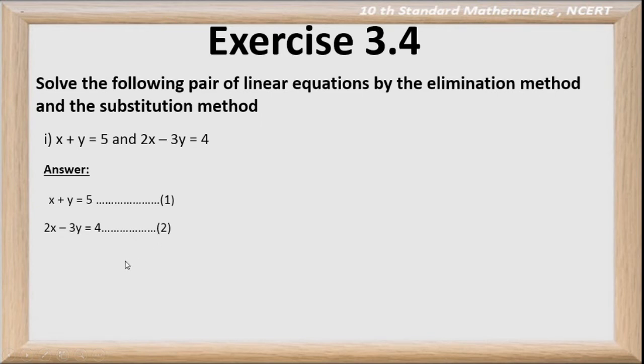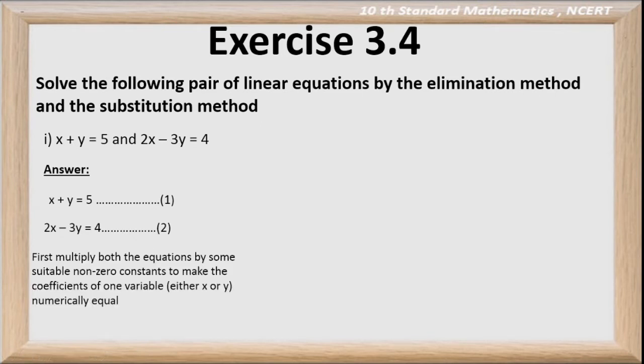In the elimination method, the first step is to multiply both the equations by some suitable non-zero constant to make the coefficient of one variable numerically equal. The equations are x plus y equal to 5 and 2x minus 3y equal to 4.